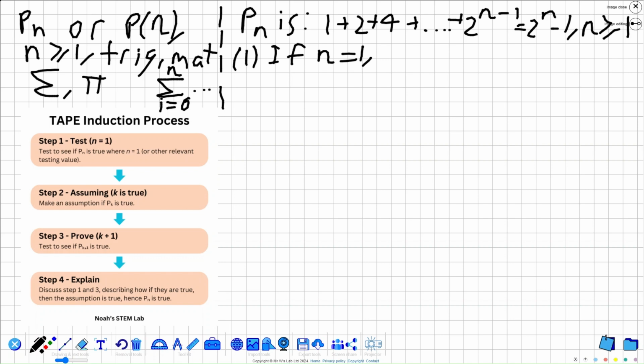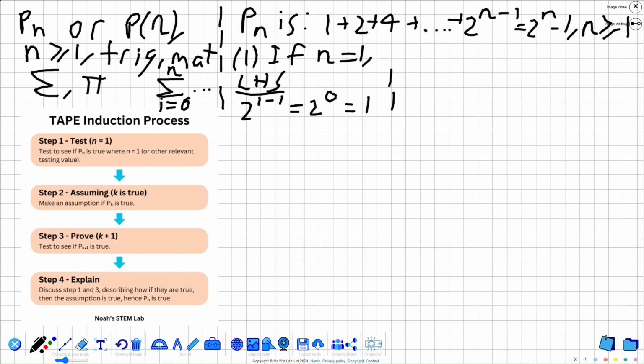I'm going to look at the left hand side first. Fortunately, because of this series we only need to look at this section of it. We'll say 2 to the power of n minus 1, so that becomes 2 to the power of 1 minus 1, which equals 2 to the power of 0, and as you should hopefully know, anything to the power of 0 just equals 1.